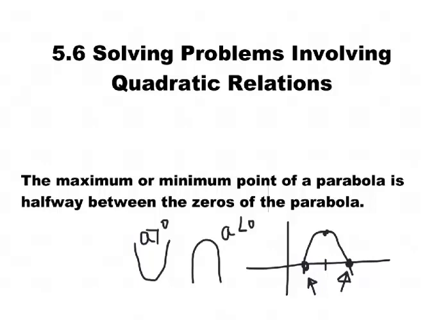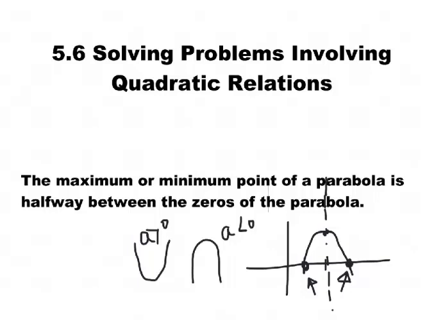And the line that goes through this point, which we call the axis of symmetry, makes the parabola such that the left side is the reflection of the right side, or the right side is a reflection of the left side.